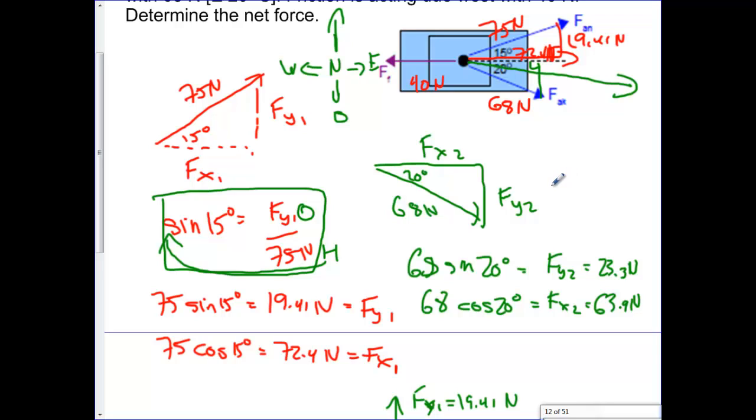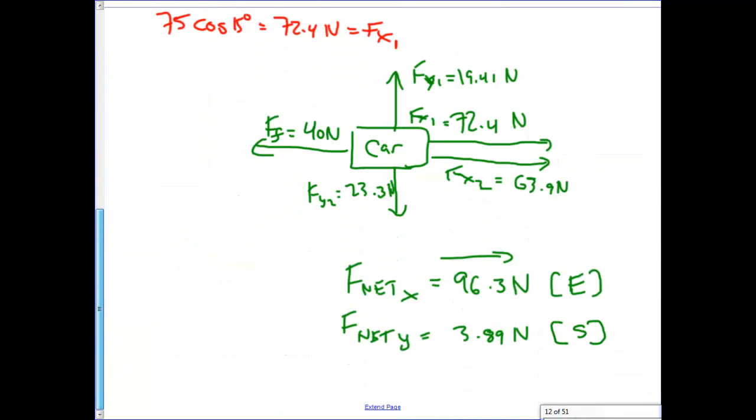Are we done? We're actually not quite done, because now I can draw it like this. The car, some force pulled it this way, some force pulled it slightly south. The actual car itself is going to be going on a bit of an angle. We have to find a resultant and find that angle.